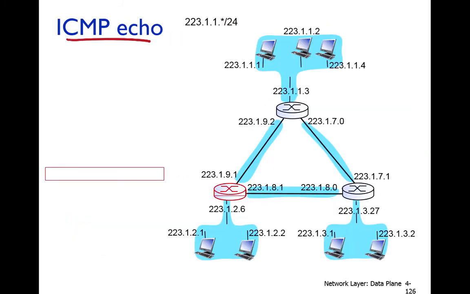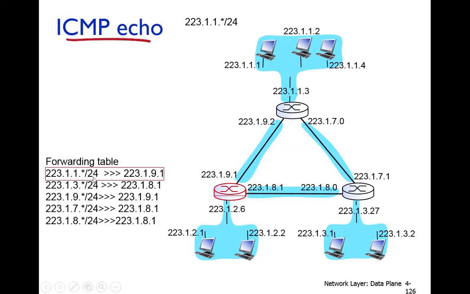First of all, you should know that, for example, we have this kind of network. Each host is running an echo server. What does echo server mean? When a message is received by the echo server, the echo server accepts the message and retransmits the same message to the sending machine.